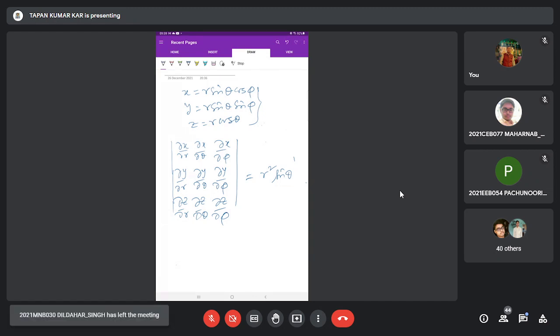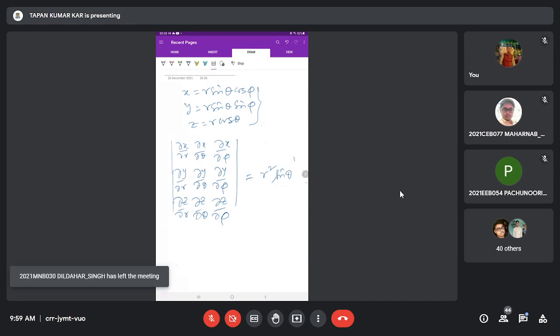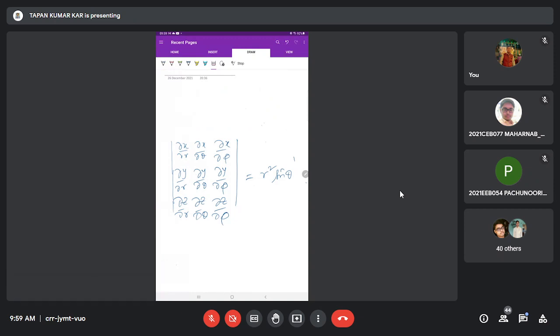So instead of transformation of variable, sometimes the question may be to find the Jacobian for this transformation only. Then you have to do it in this way.